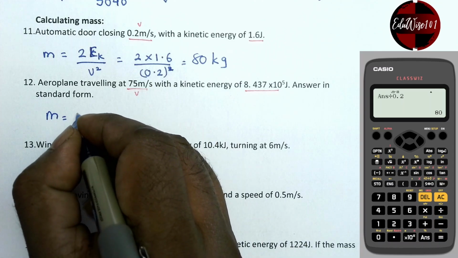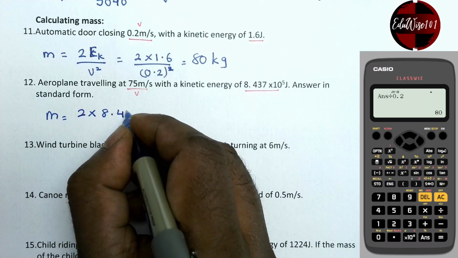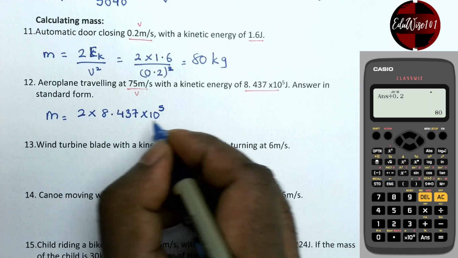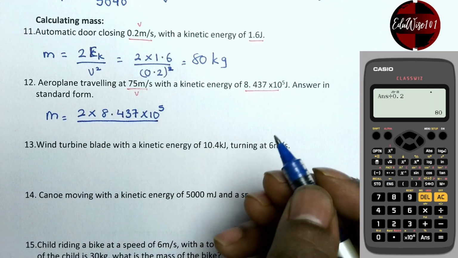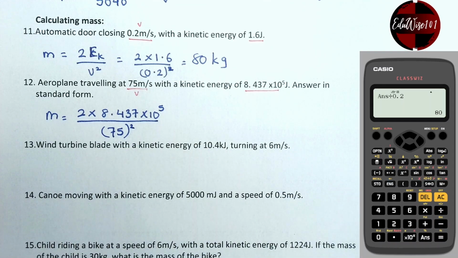So 2 times 8.437 times 10 to the power 5, divide that by 75 squared.